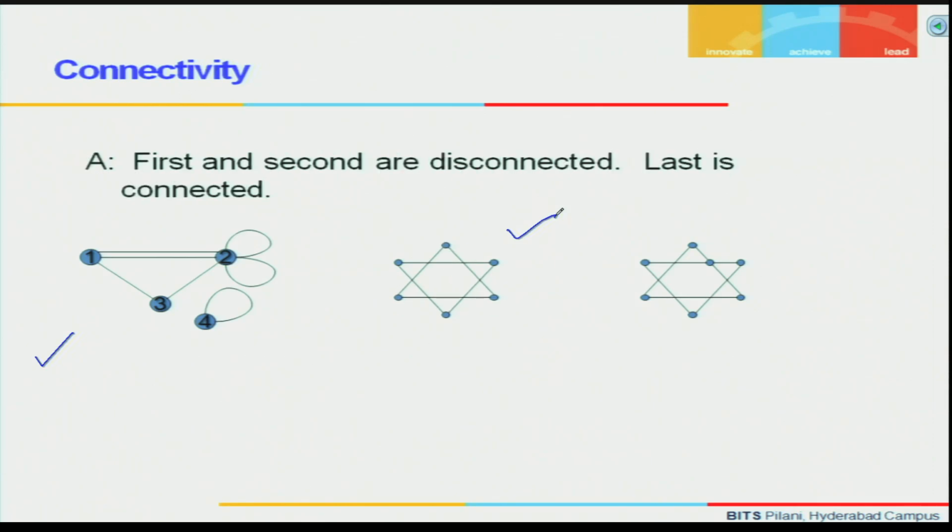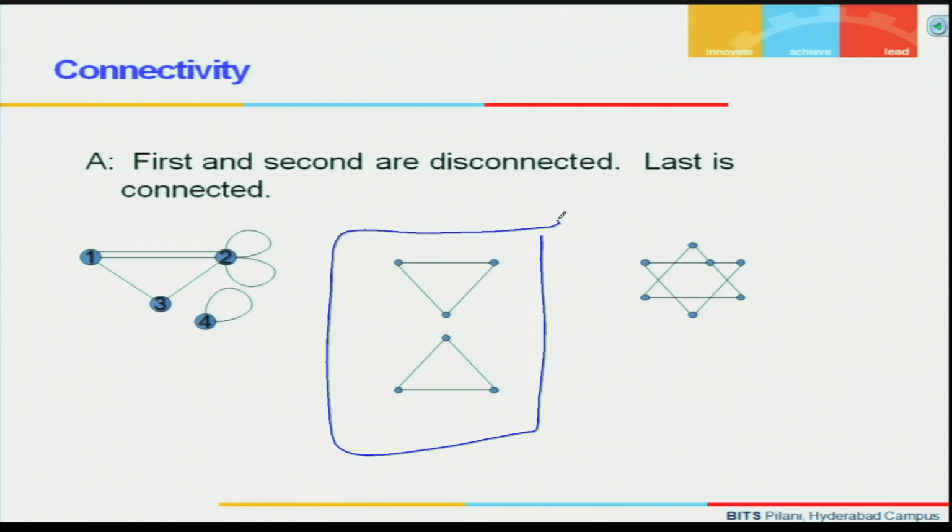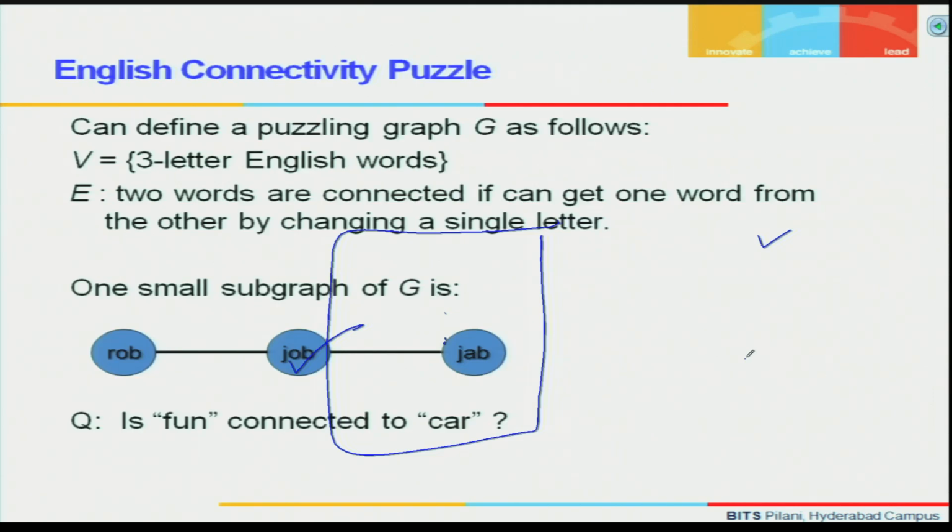If you represent them nicely, it will take this particular shape. Only when we draw it, it looks like they are connected, but in reality they are not. There is no path between this and this, hence this is a disconnected graph. This one is very much connected, because you can find a path between any of its vertices, hence it is a connected graph.